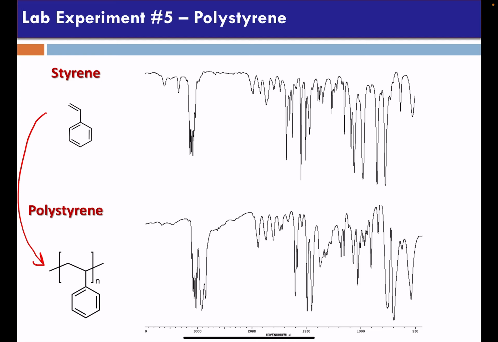So the combination of the two spectra on this slide could be found for a mixture of styrene with polystyrene. Consider what signals you might look for there to prove that, and ultimately this allows the student to comment on the purity of the isolated polystyrene.